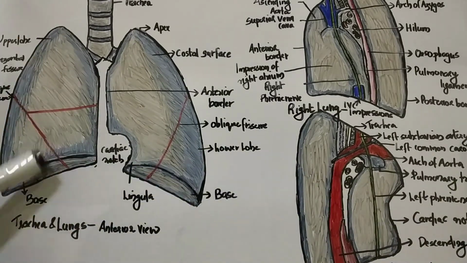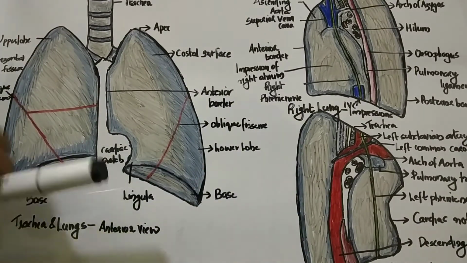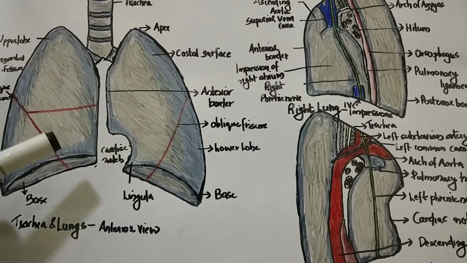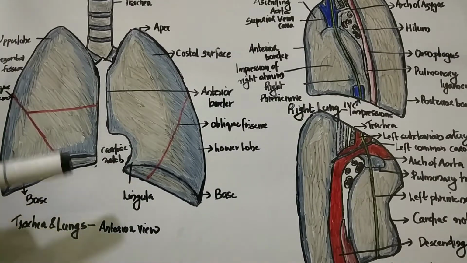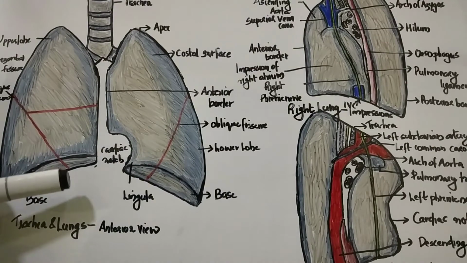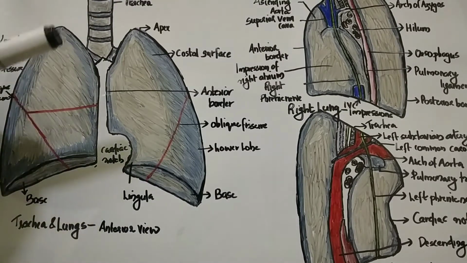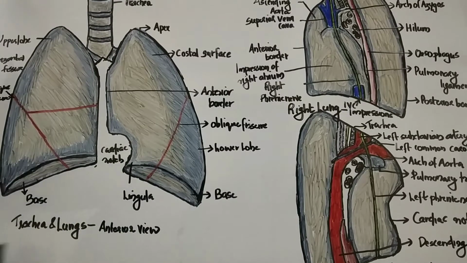So, this is the base of the two lungs. It is concave and semi-lunar in shape, and it rests on the diaphragm, and it is also called the diaphragmatic surface. The diaphragm separates the right lung from the right lobe of the liver.